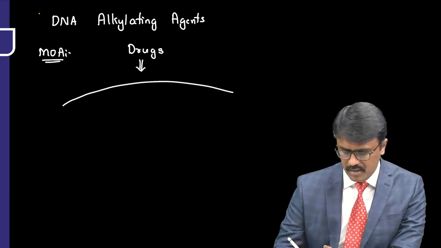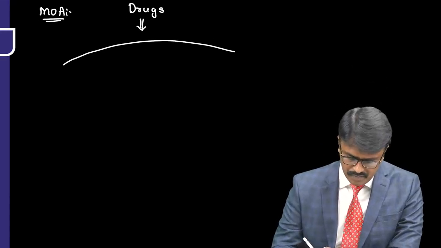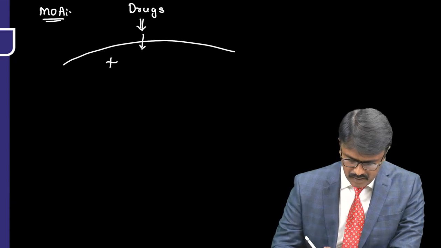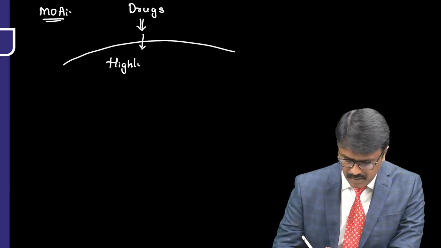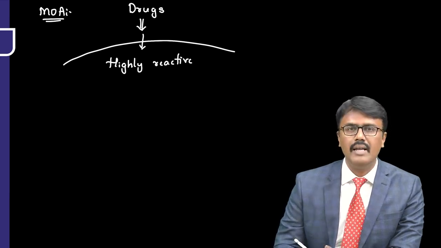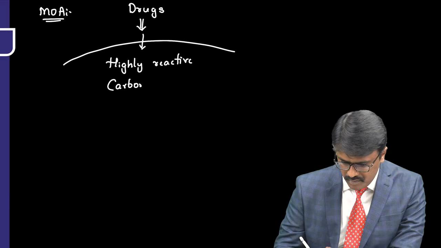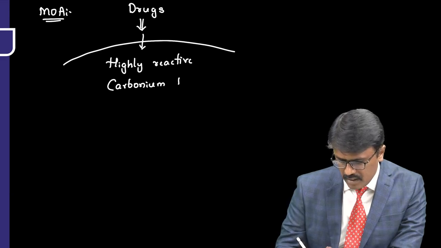So this is the cell. They enter the cell. What happens there? They will produce highly reactive carbonium ions. Carbonium ions are produced.